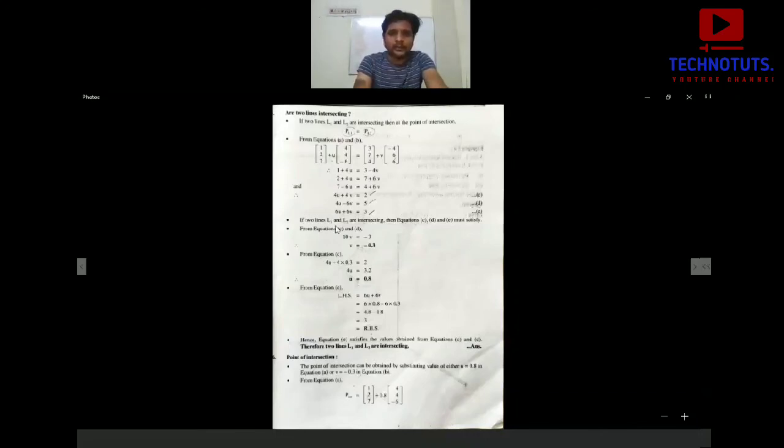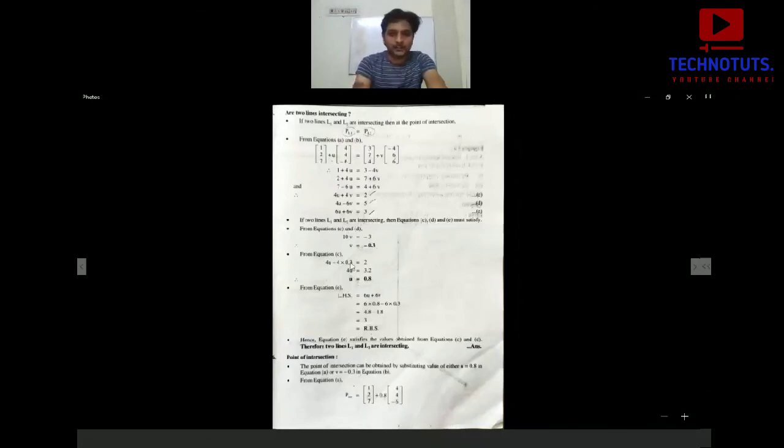If the two lines L1 and L2 are intersecting, then the equations C, D, and E must be satisfied. From equations C and D, on solving, we obtain 10v is equal to minus 3, that is v is equal to minus 0.3.